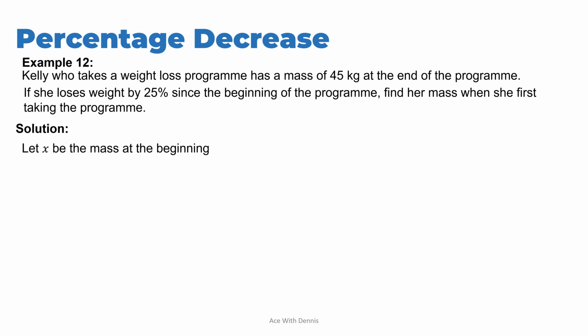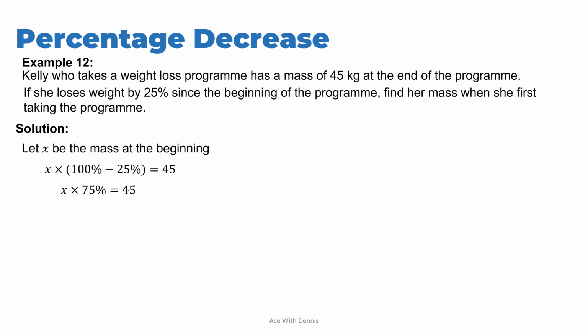Okay, here's the solution. Let X be the mass at the beginning. So the equation becomes X times 100% minus 25% equals 45. As mentioned in the question, Kelly loses weight by 25%, so the equation is 100% minus 25%, and the final mass is 45 kilograms, so it equals 45.